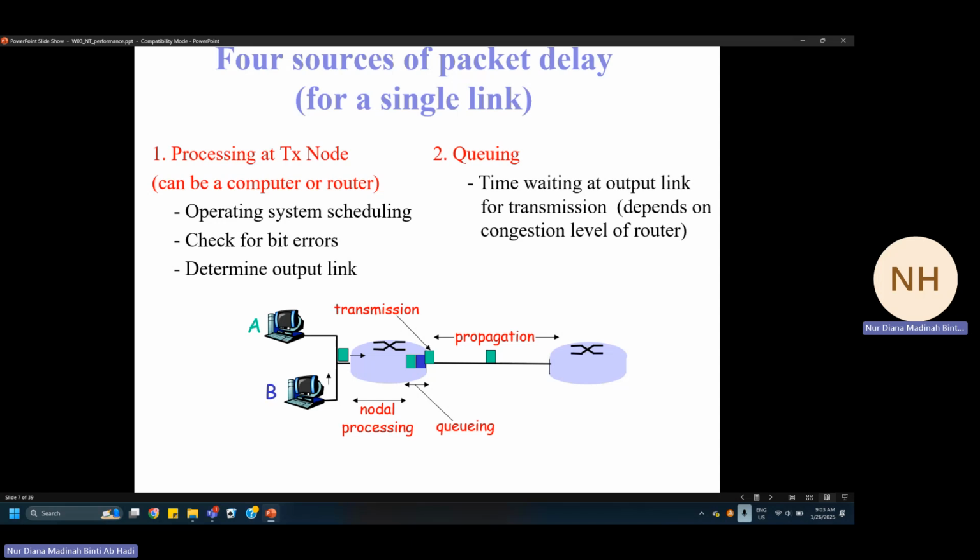The operating system will schedule, check for bit errors, and determine the output link. Next, after processing, they go for queuing. The time waiting at the output link for transmission usually depends on the congestion level of the router.